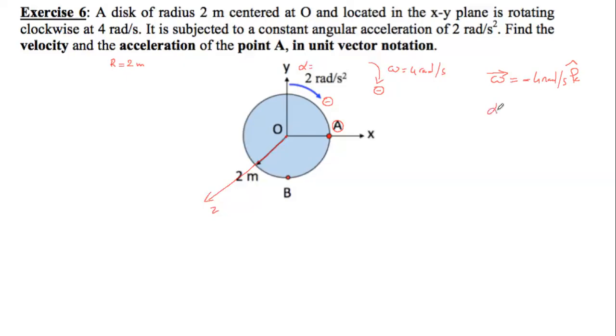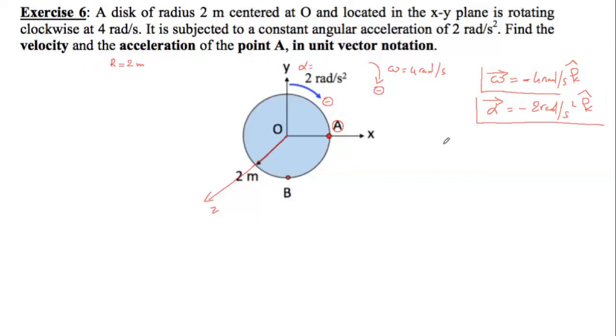What's the vector angular acceleration, alpha? In magnitude, it's 2 radians per second square, but it's negative, so it's along the direction minus k hat. This is very important. Good. At this given time, this is the angular velocity, and this is the angular acceleration. Now the question is, what is the linear velocity of point A?